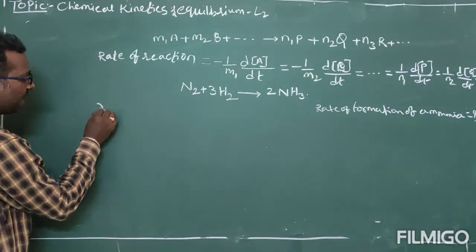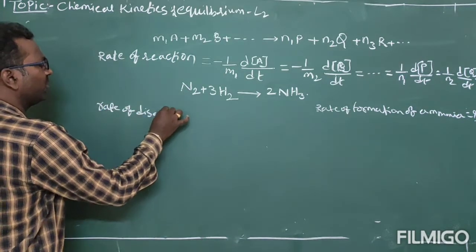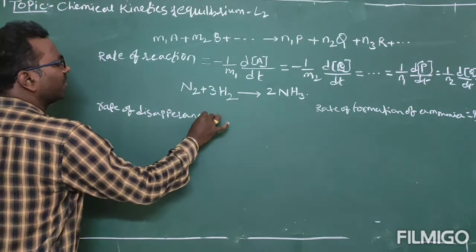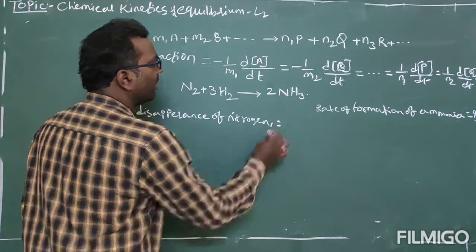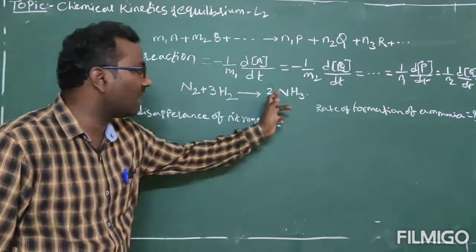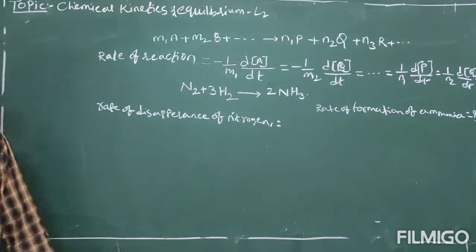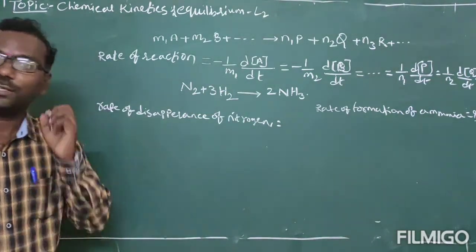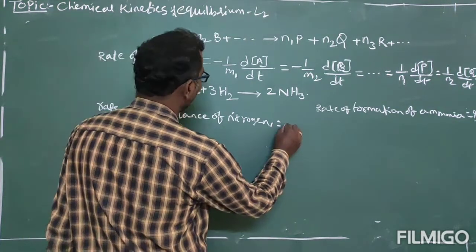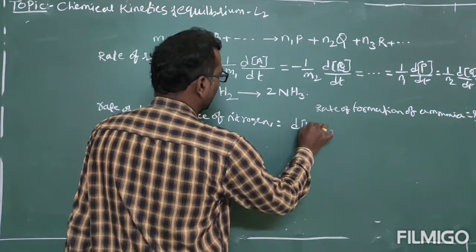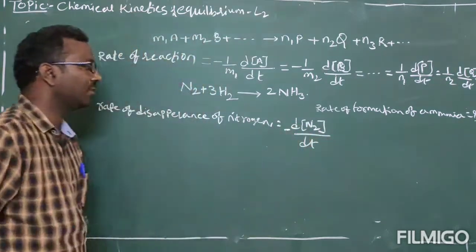So first I will write like this: rate of disappearance of nitrogen. This is N2. First of all, we have to check whether the equation is balanced or not. It is a balanced equation. So how will you find the rate of disappearance of nitrogen? Rate of disappearance of nitrogen is equal to minus dN2 by dt.